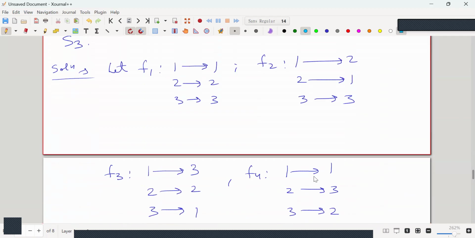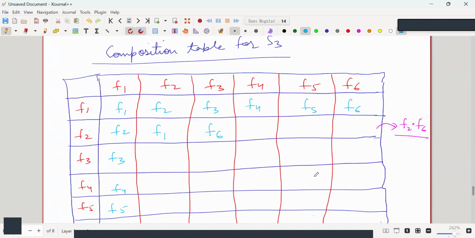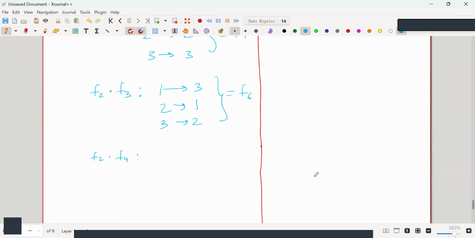So 1 will map to 2, 2 will map to 3, and 3 will map to 1 as a whole, right? So it will be just F5.